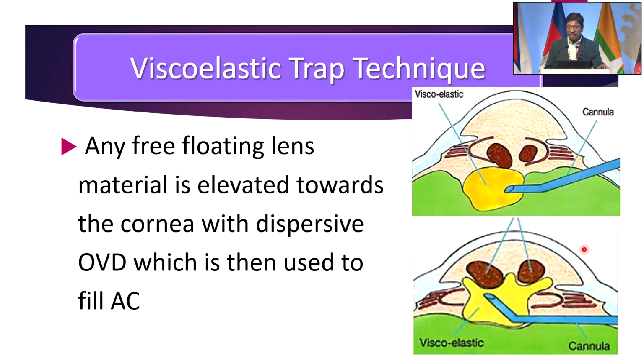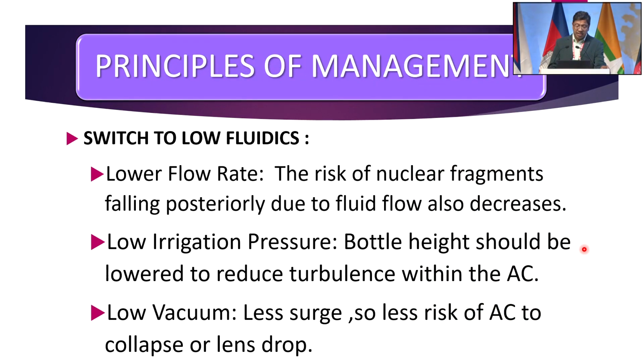However, if it is big, then we have to first segregate the fragments of the lens. Viscoelastic trap technique is where you inject viscoelastic either from the side port or pars plana and elevate the fragments towards the corneal endothelium and then continue with the surgery.